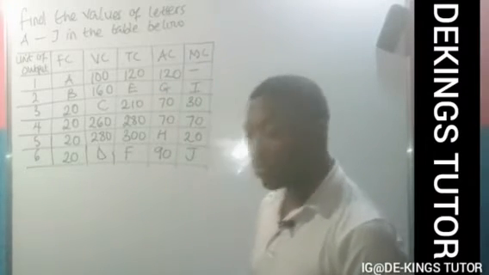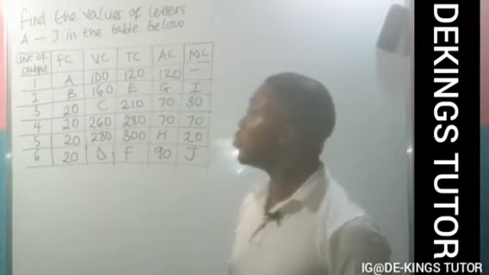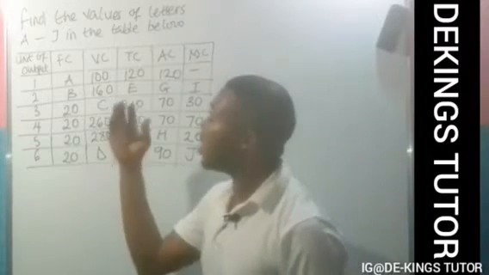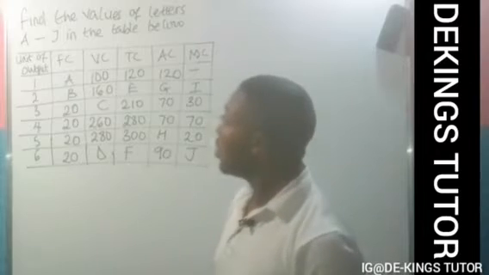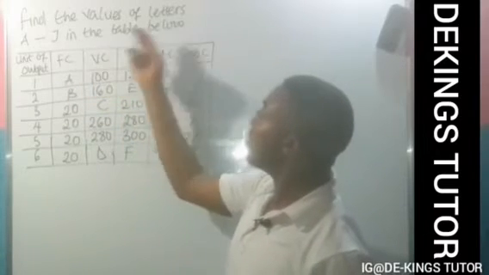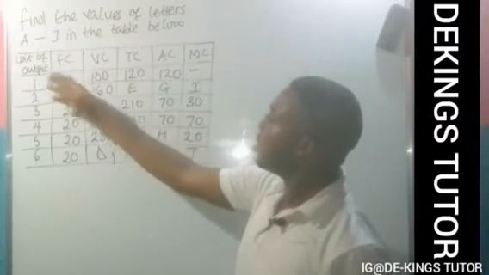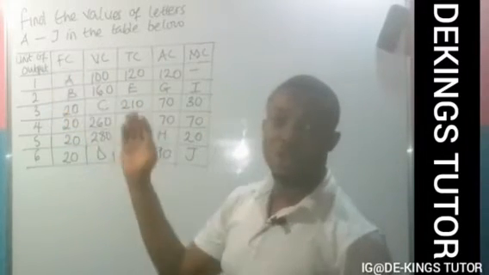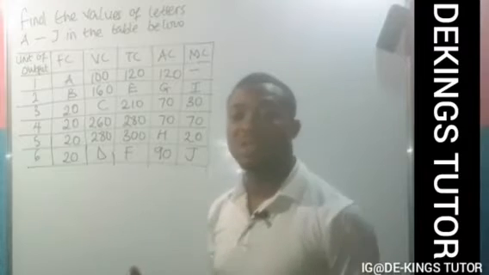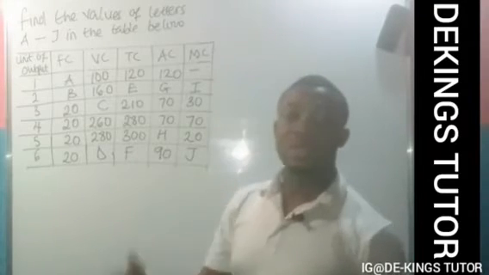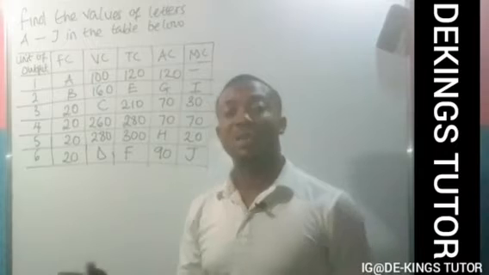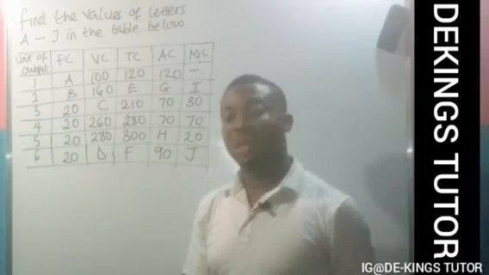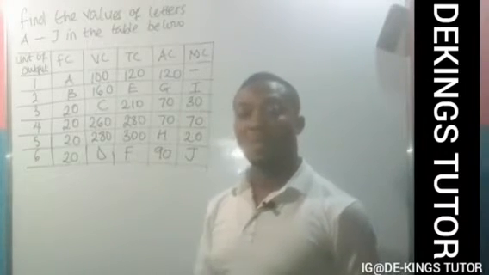In the previous video, we said we are going to do different calculations relating to cost. So we said find the values of letters A to J in the table below. They give us a cost schedule. What's a cost schedule? A table showing the relative output and the relative cost of a commodity.